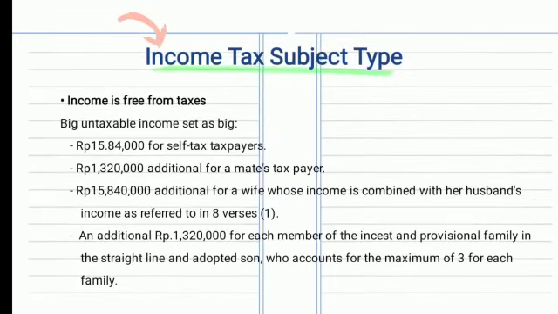Continue from income tax subject type. Income is free from taxes.